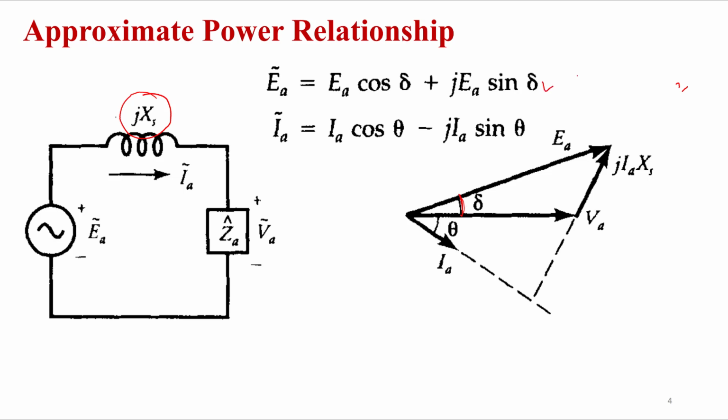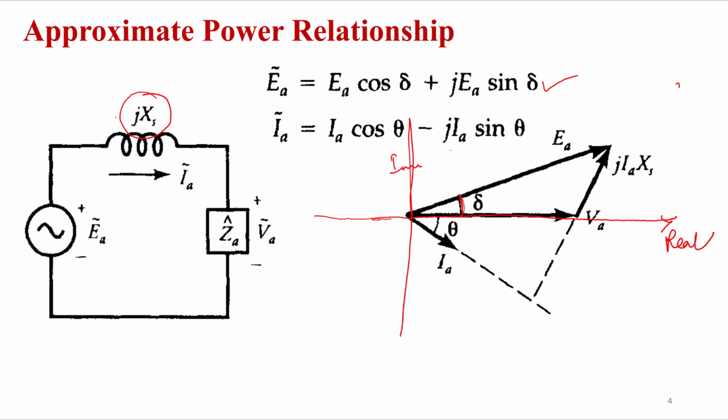This is the first equation. Then if I segregate current IA into real and reactive terms, I can write IA cos theta minus J of IA sin theta because it is lagging. This is your reference axis. If I draw the imaginary plane, this is your real axis, this is your imaginary axis.